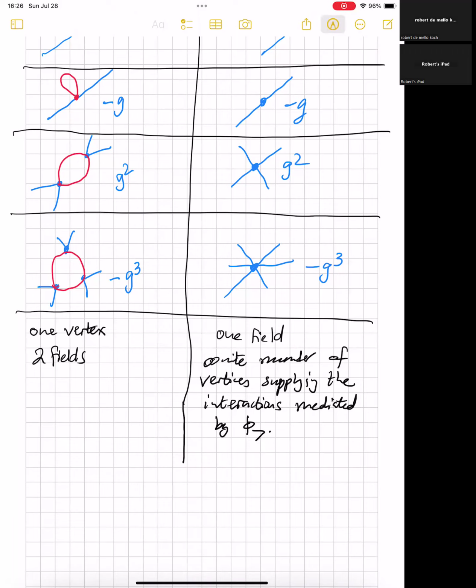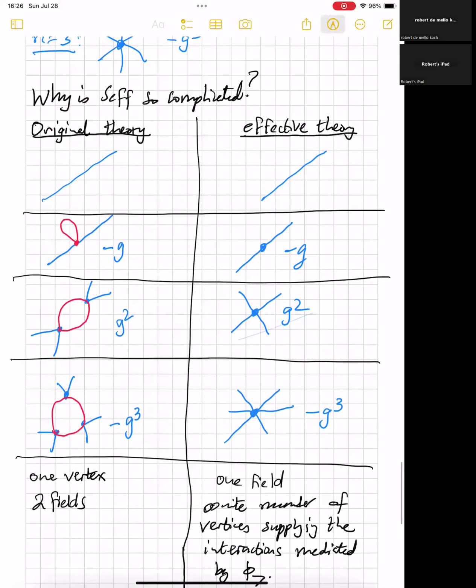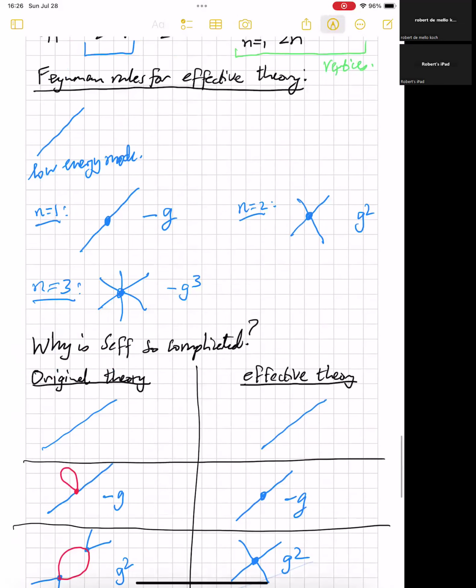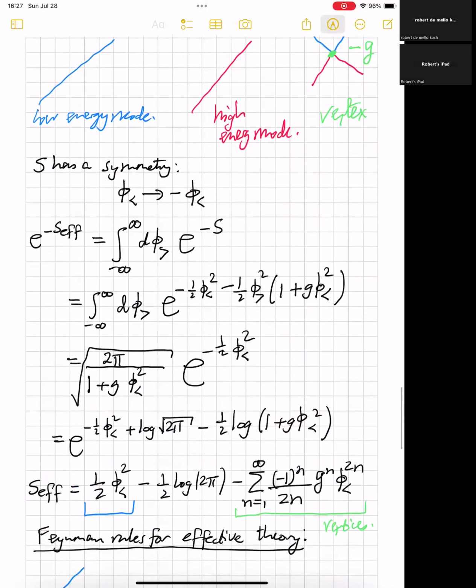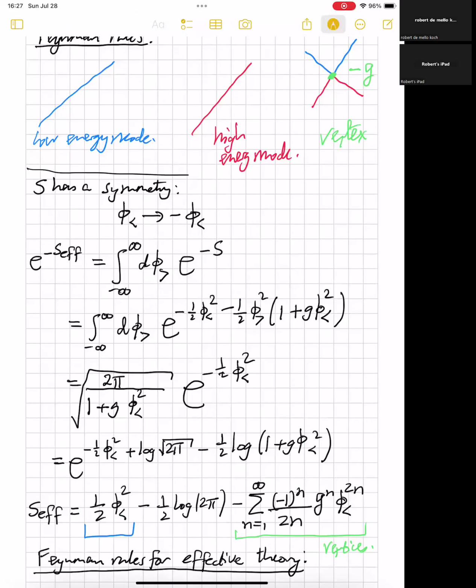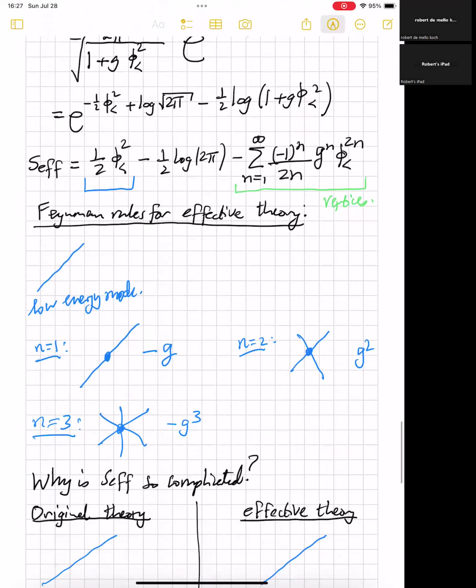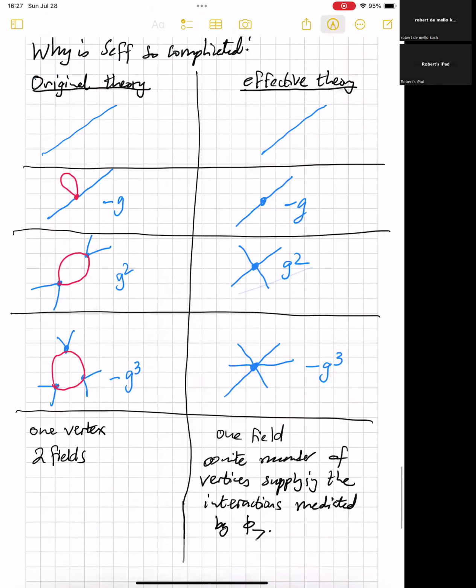Is there a pattern that we see? Well, yes. You can see that if you take a look at the action, only even powers of phi less than appear. And why is it only even powers? Well, that's because of the symmetry that the action had. This symmetry that we could shift phi less than into minus phi less than, that symmetry survives, and we only have even powers.